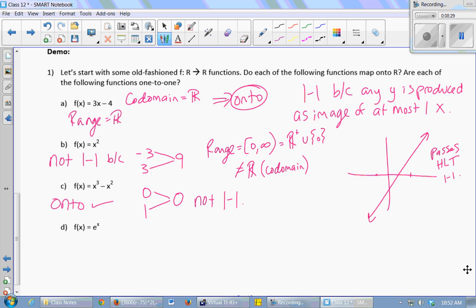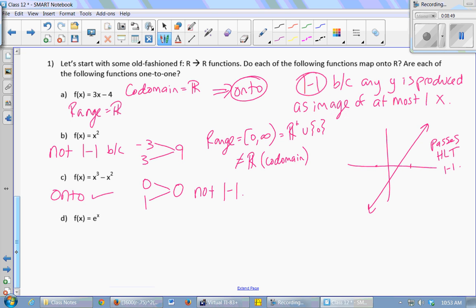So let's see, we have one that is both onto and one-to-one. We did one that was neither. Now we have one that's onto but not one-to-one. What do you think this one is? One-to-one but not onto, yeah. So let's see if we can explain why. Think about onto. What's the range of e to the x? 0 to infinity, just the positive reals, right?